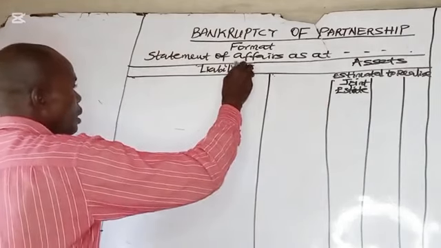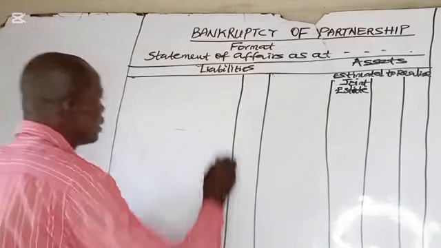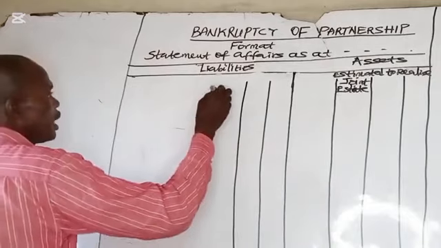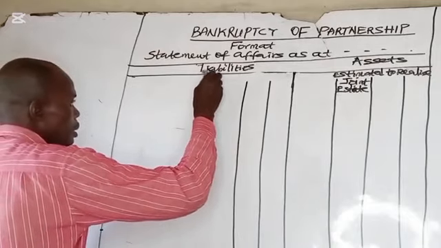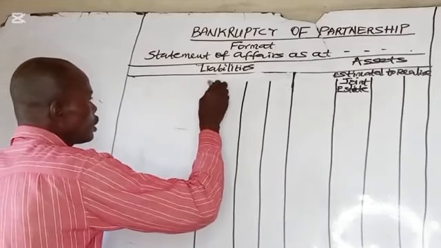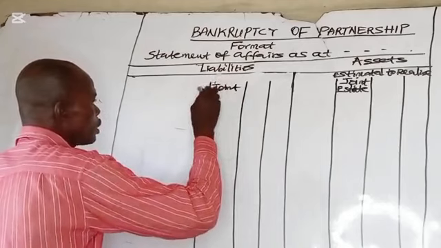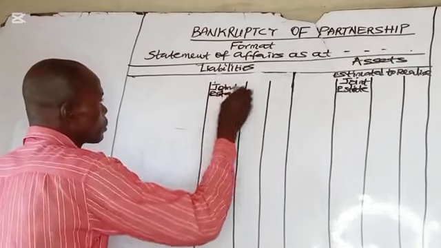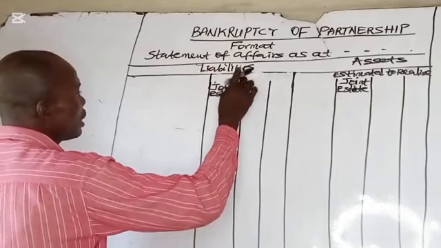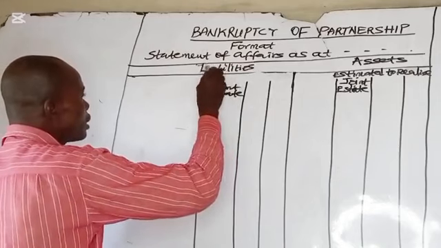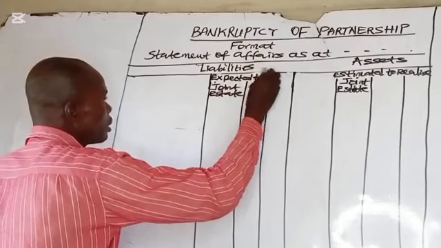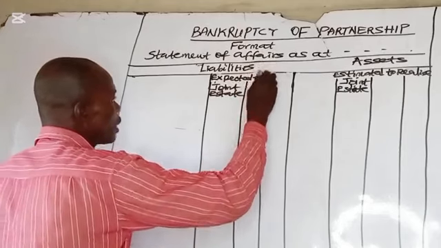Then if you have B and A, then we have joint estate. Then under the liabilities, we have expected to rank.